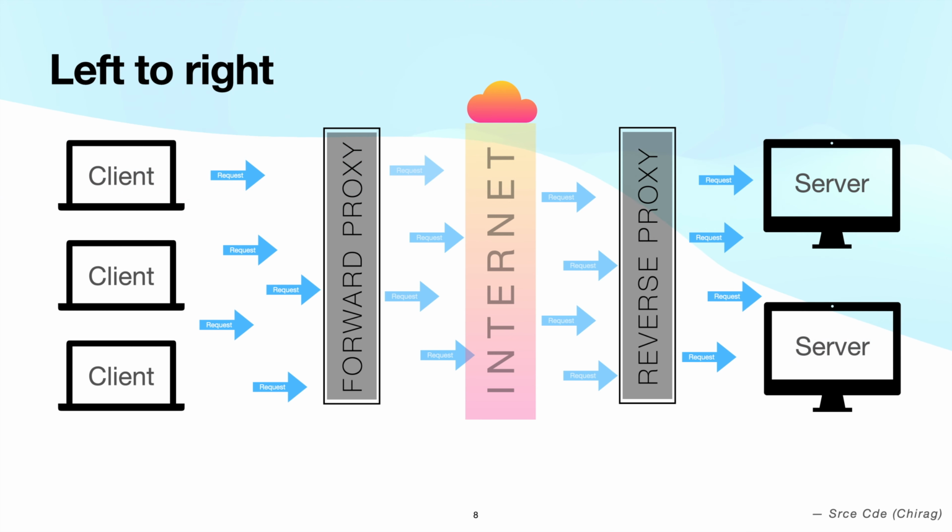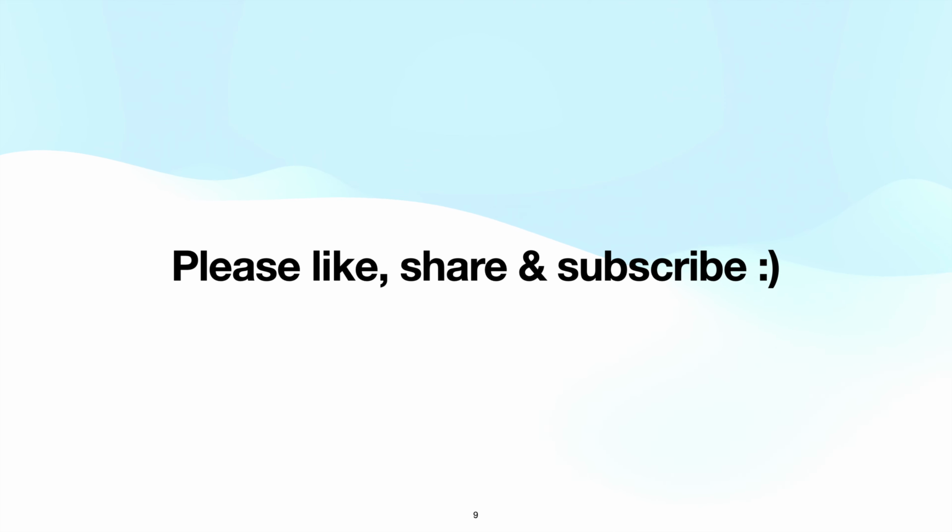And the final two main points that I am reiterating are that within forward proxy, the server does not know who the client is, and within reverse proxy, the client does not know who the server is or which server is handling the request.